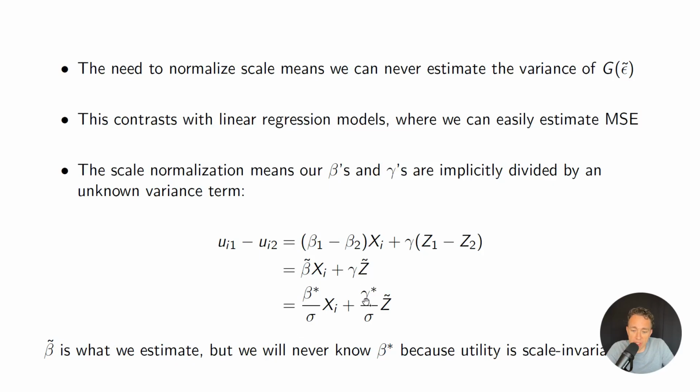And same with this gamma star and sigma. So we'll never get to estimate beta star or gamma star, because we'll never know what this sigma is that it's being divided by. And again, this contrasts with linear regression models where we can easily estimate the sigma.